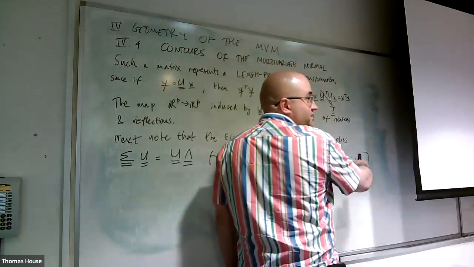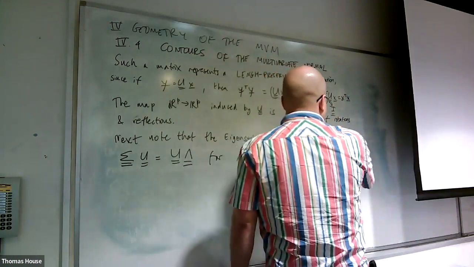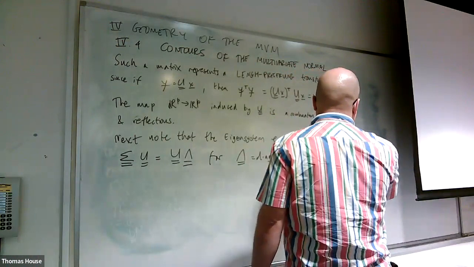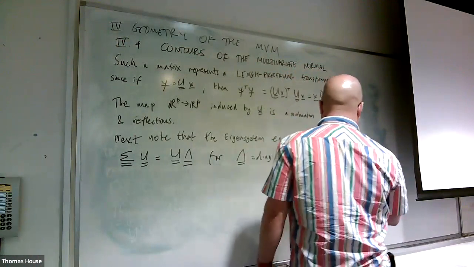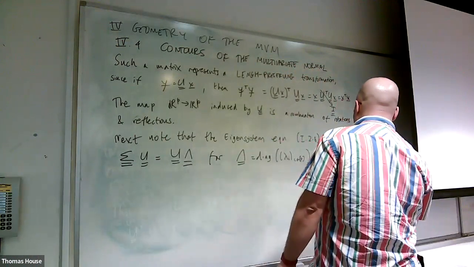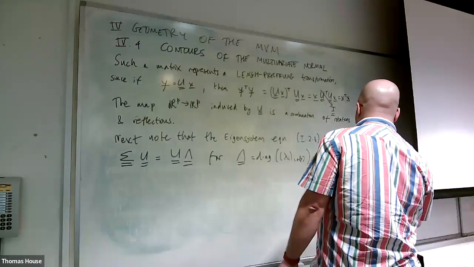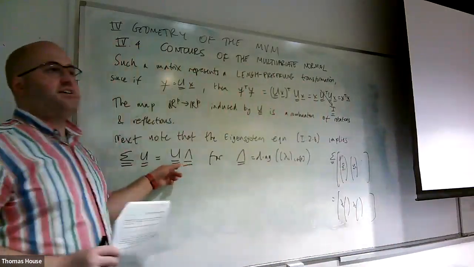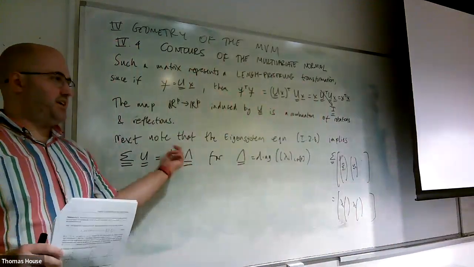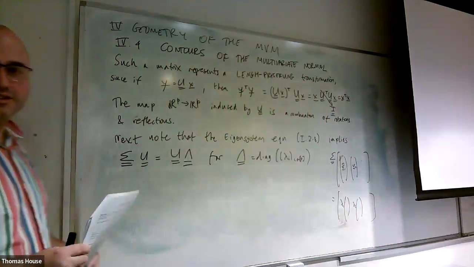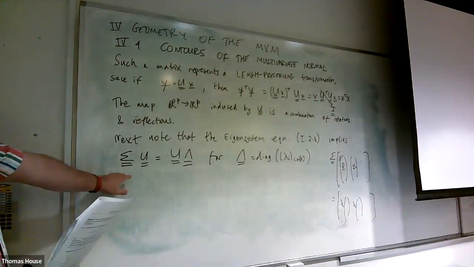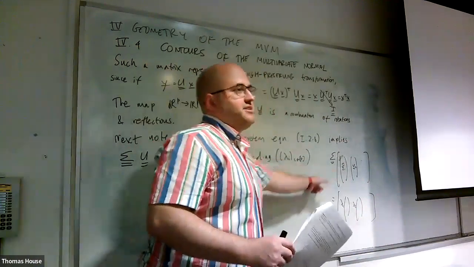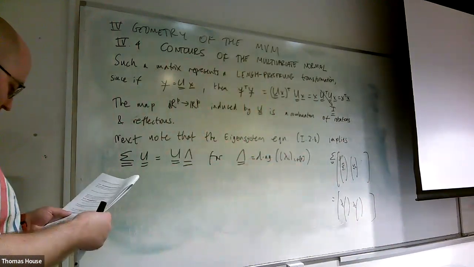So each of those produces a copy of the eigenvector, but with a lambda in front of it. This is going to equal this with lambda 1 times the column and lambda 2 times the column. And that can be written like this, when you think about how a diagonal matrix works. Okay, so this is just a compact way of writing the eigensystem equation if you write it out.